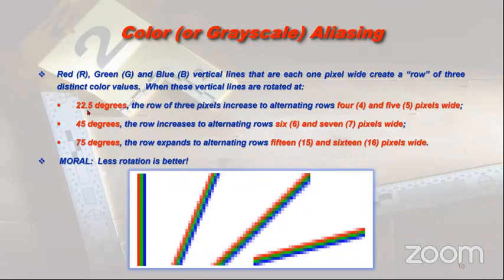So if I rotate the 3 pixels at 22.5 degrees, I now have alternating rows that are 4 and 5 pixels wide, where I've now started making up different color values. If I rotate it at 45 degrees, I'm now between 6 and 7 pixels wide. This is going to be problematic when I'm trying to make an assessment about an artifact within a footwear impression.